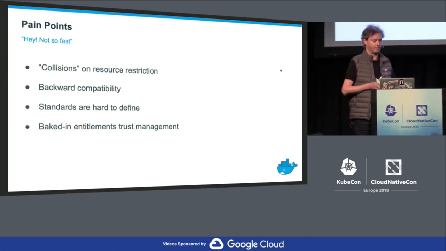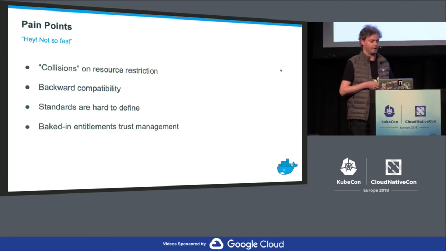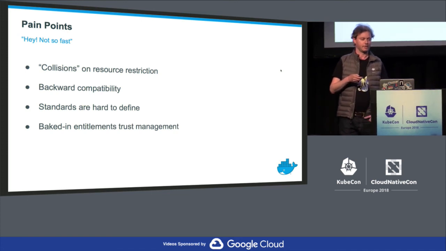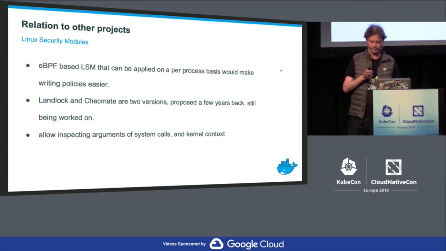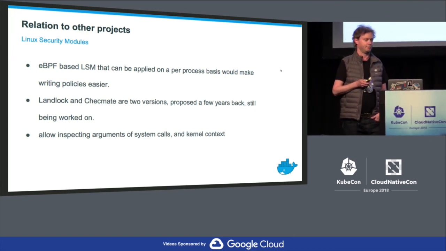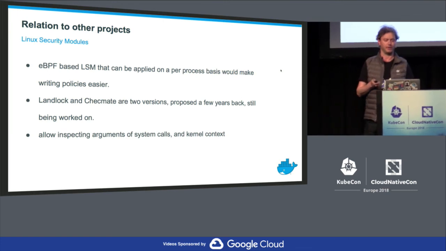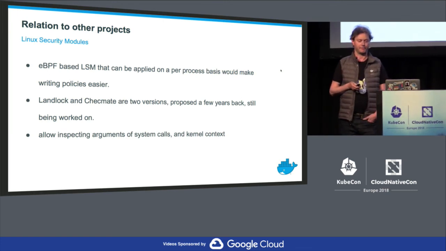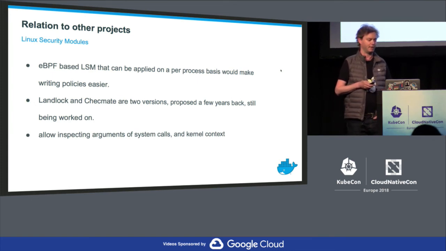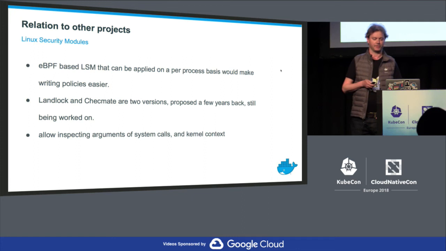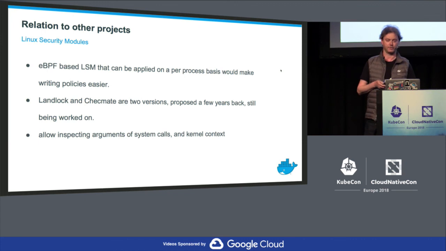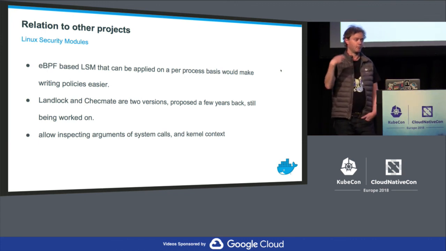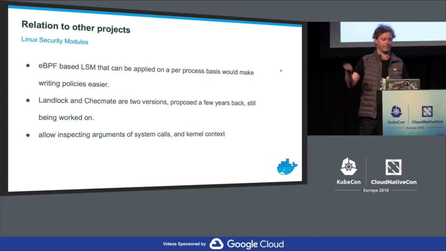I think there's still a bit of work to do to define standards and work out how different rules work together. In particular, seccomp is a real pain to work with for complicated policy. And eBPF-based Linux security modules are something that's been talked about for quite a long time, and would actually make it much easier because you get a lot more kernel context to make security policy decisions with eBPF, because you get to know things like what file you're trying to open and what kind of file descriptor you're working on.